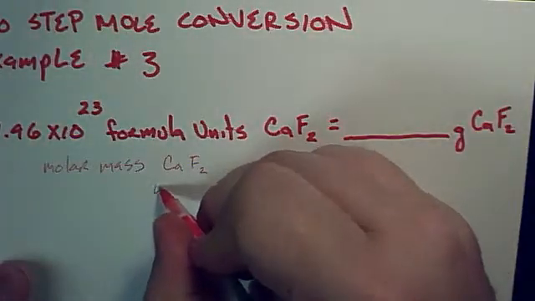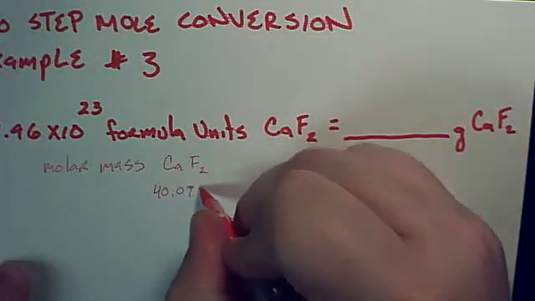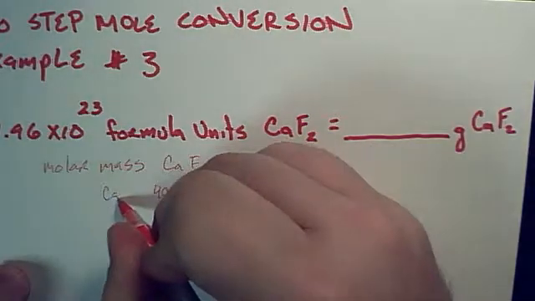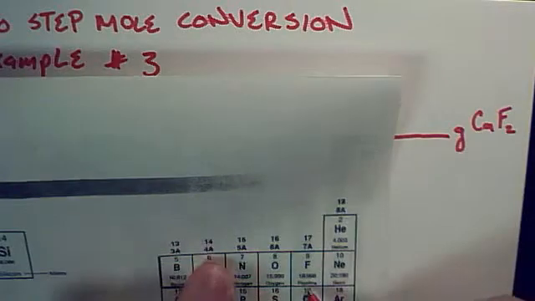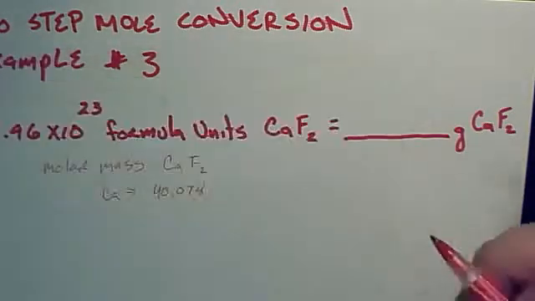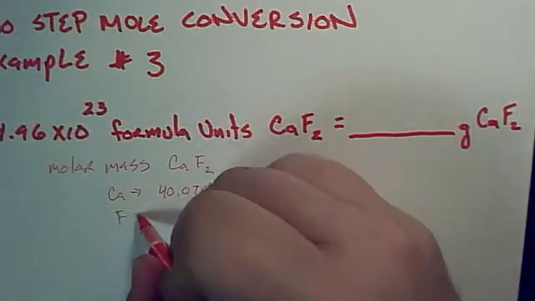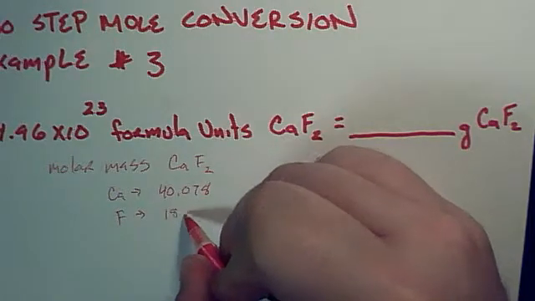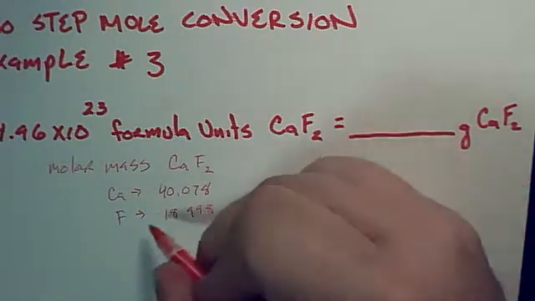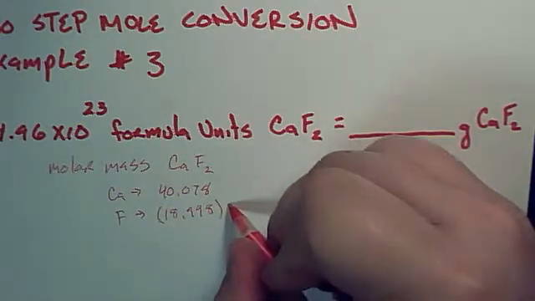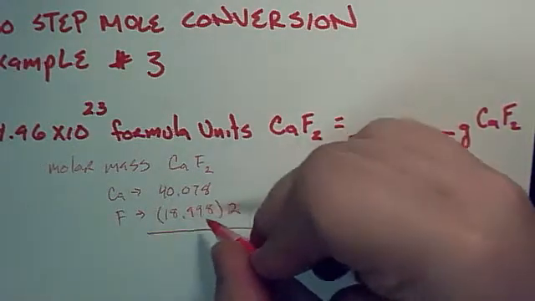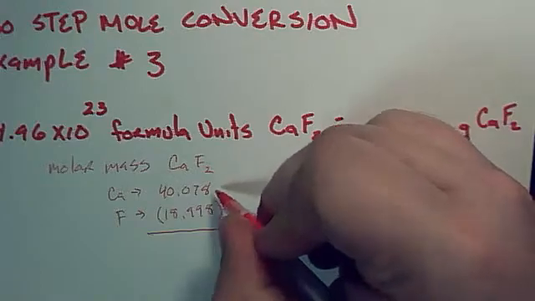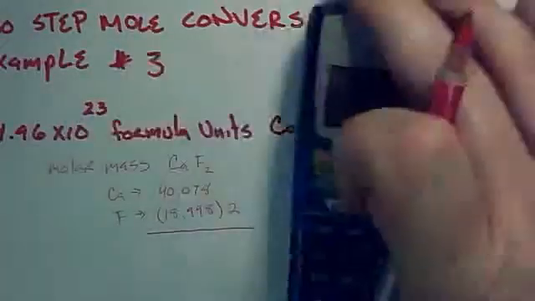So 40.078 is the mass of calcium, and the mass of fluorine is 18.998, and there are 2 fluorines. So I'm going to take 18.998, multiply by 2, and then add my calcium.